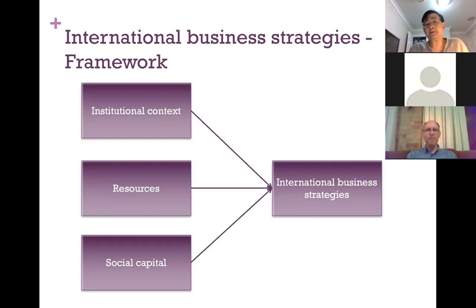The next one is resources, the resource-based perspective taken from the strategic management concept. It suggests that companies need resources to compete. We need capabilities, we need assets, we need both traditional and non-traditional resources to compete.